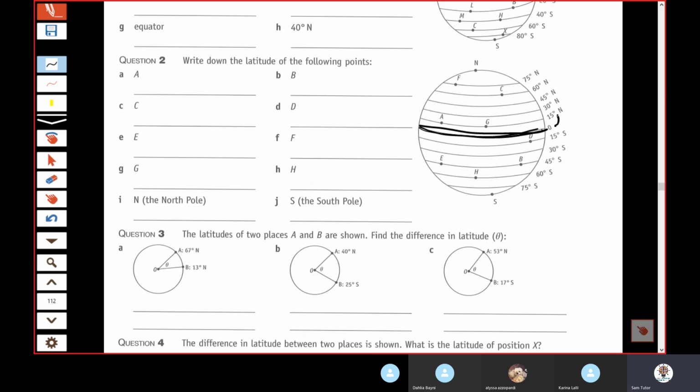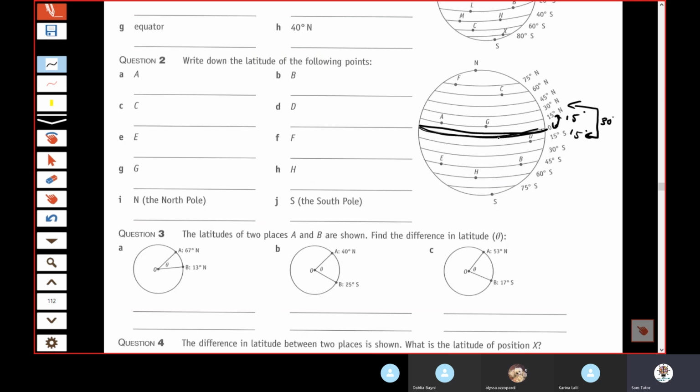If I said from here to here, what's the degree? You would say 15 degrees, because that's 15 degrees north. From here to here, it's also 15 degrees. But from 15 degrees north to 15 degrees south, that's now 30 degrees.